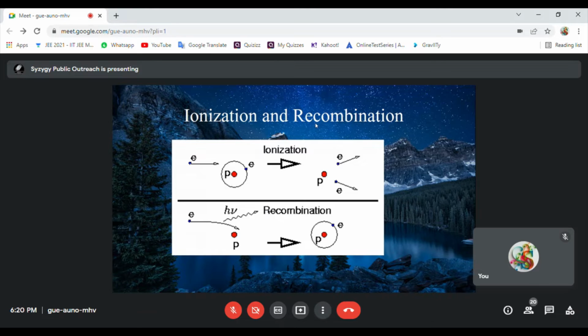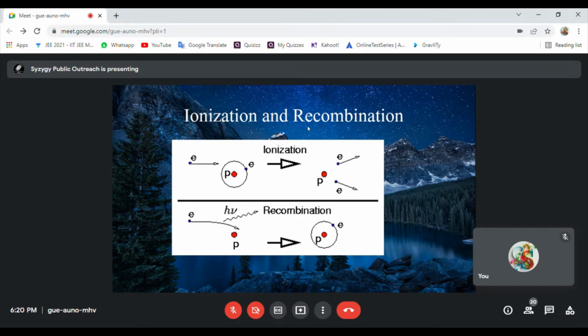This phenomenon is called ionization, but in astrophysical terms we call it bound-free transition. Transition means change, and bound-free means the electron was earlier bound inside the atom, but now it's free. We provided it the required energy and now it's free, so we call it bound-free transition.